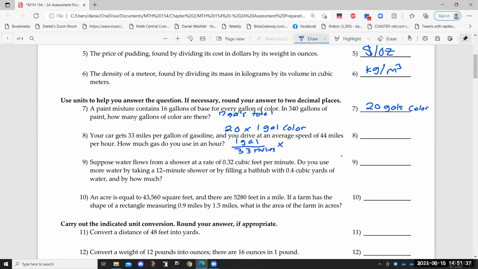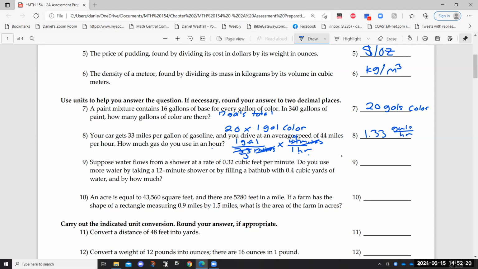I drive 44 miles per 1 hour. I have to line these conversion factors up so that the miles cancel out and leave me with gallons per hour, because it says how much gas, which is going to be gallons, do you use in an hour. So that's per unit of time, per hour. So I want gallons per hour. 11 is going to go in there 3 times, 11 is going to go in there 4 times. We're going to round to 2 decimal places. This is going to be 1.33 gallons of gas per hour.